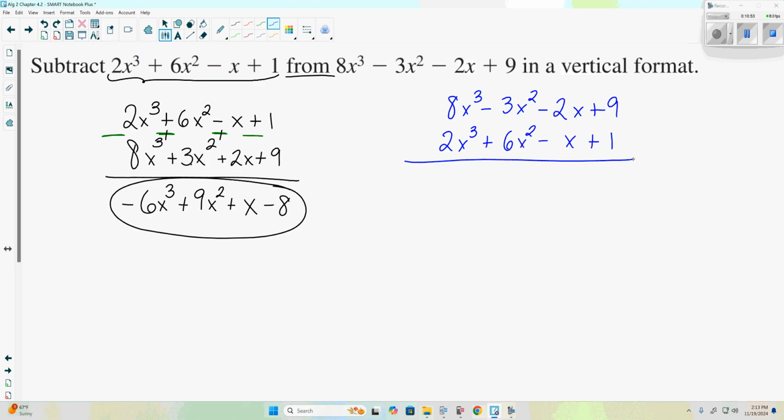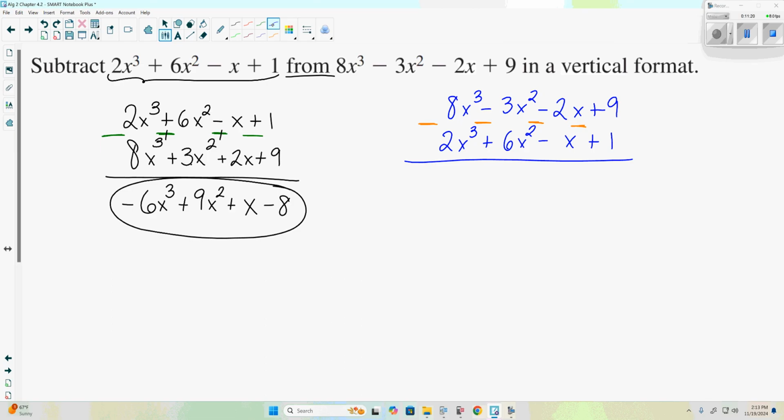So this is how the problem was supposed to be set up. And again, we subtract from each other. Now, unfortunately, subtraction, unlike addition, is not closed.